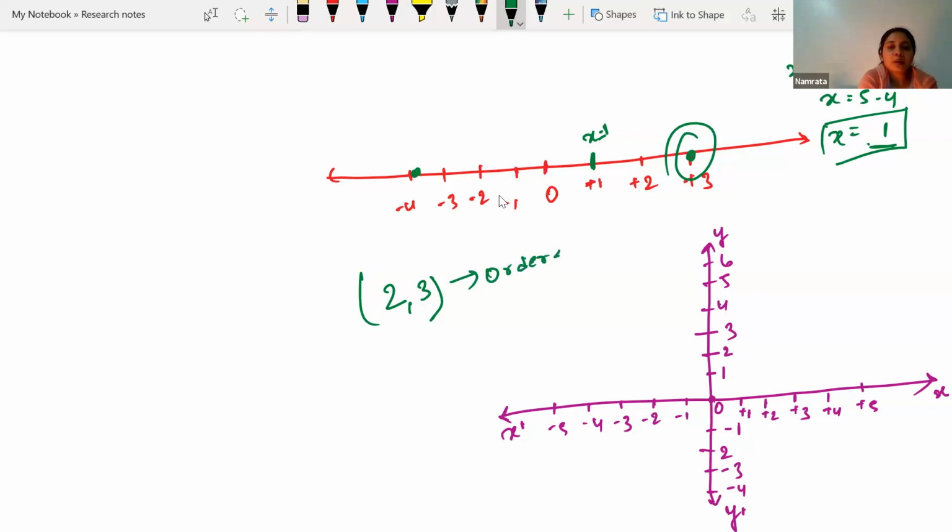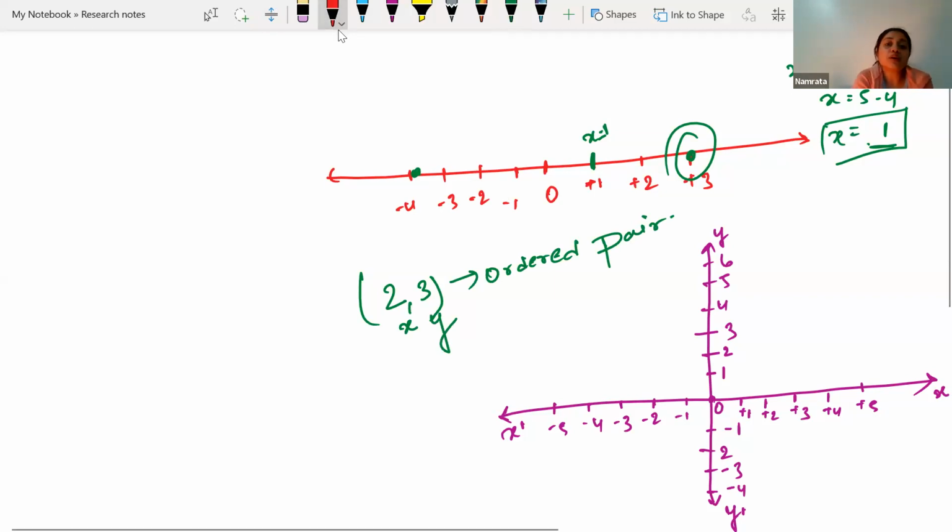If you focus on the name, in order, there is a pair of numbers, and that is in order of what? The first one is called the x value, the next one is called the y value. So if we want to locate 2, 3 on this coordinate axis, how will we locate it?